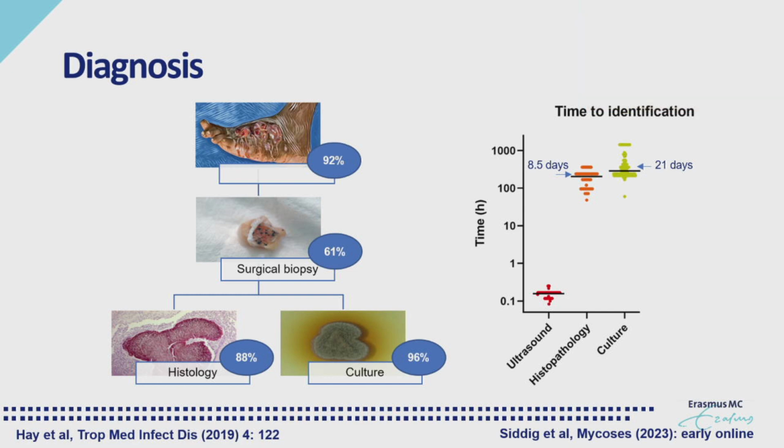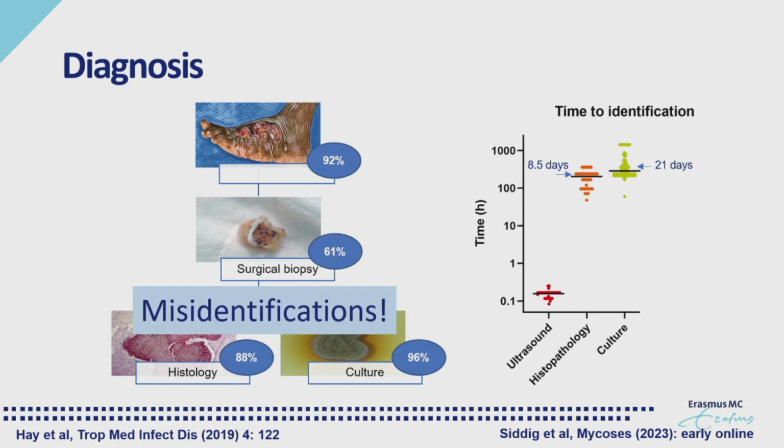In countries like Sudan, they also can use ultrasound to differentiate between actinomycetoma and eumycetoma. And that's very fast. If you can see, the time is indicated in hours, so it only takes roughly 10 minutes. However, histopathology and culture take a median of 8.5 days and 21 days.